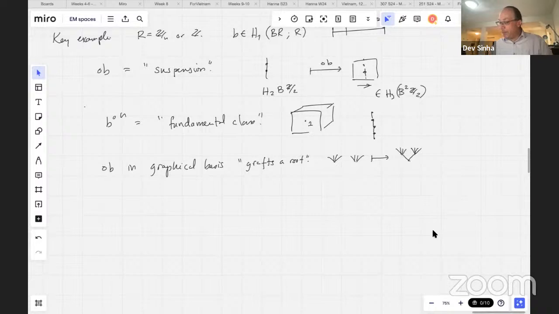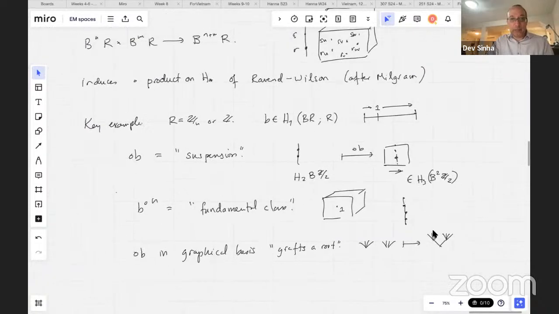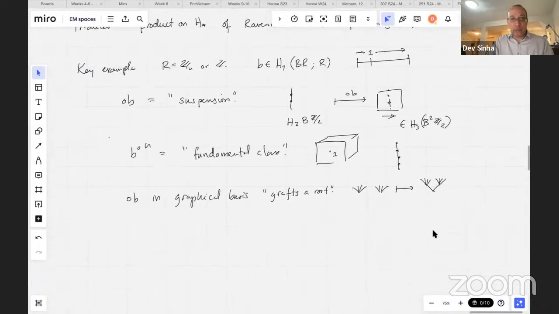I mean, you have to then think about what you get when you're trying to graft a root for something which is not symmetric. But again, I'll leave that as a question, some details to work out in this theory. Right. So we've got this product, the circle product, the suspension, as a special case.